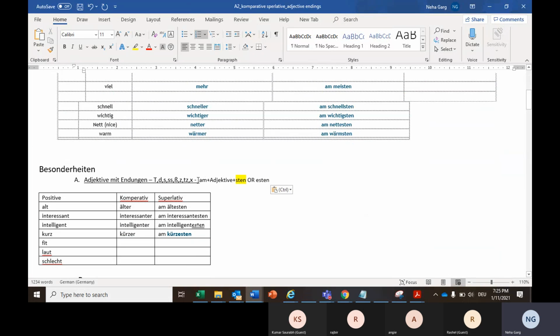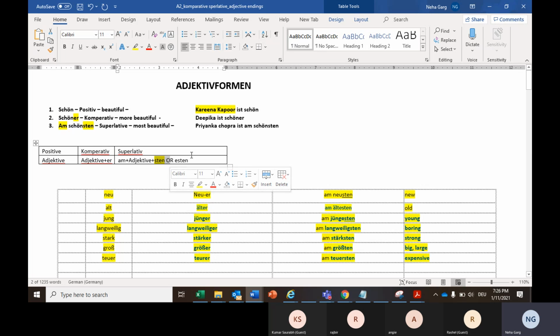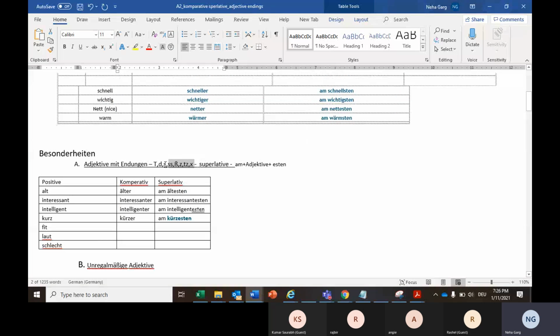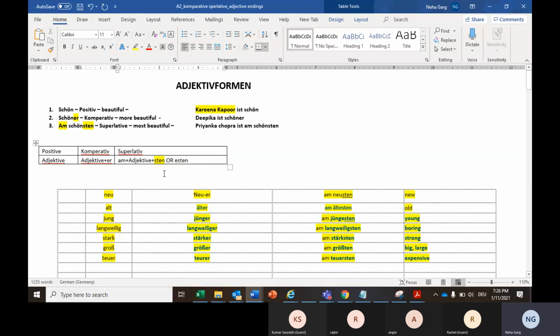We make am plus adjective plus STEN. Like in normal cases, we are doing am plus adjective plus STEN, but in some cases where the word is ending with these alphabets, we add ESTEN instead of STEN.